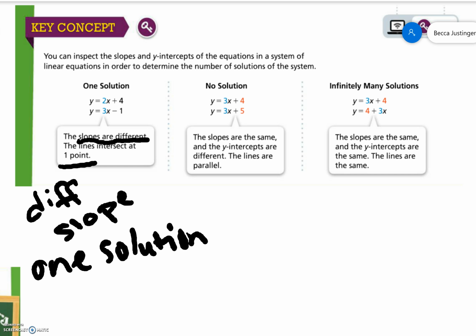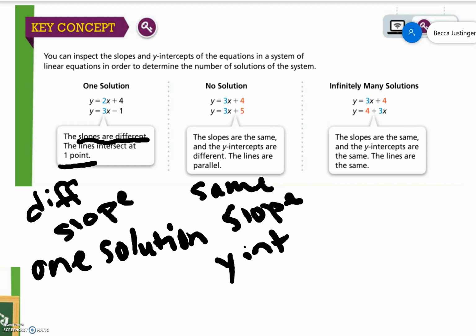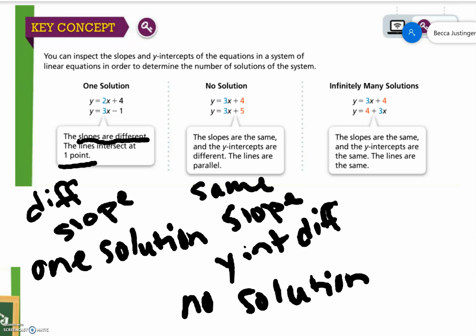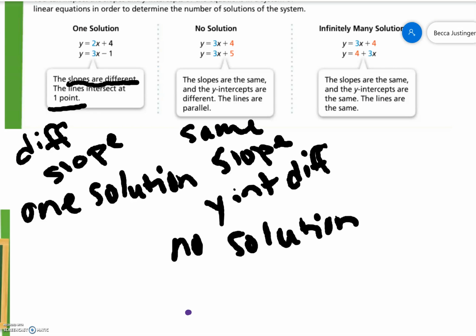Then if the slopes are the same, but the y-intercepts are different, there is no solution. That's like when we have two lines, they're going in the same direction, but they start at different places, so they never intersect.